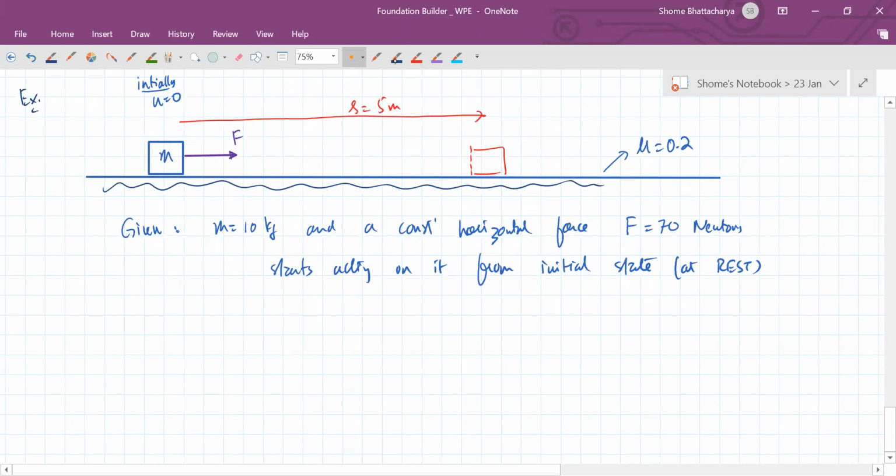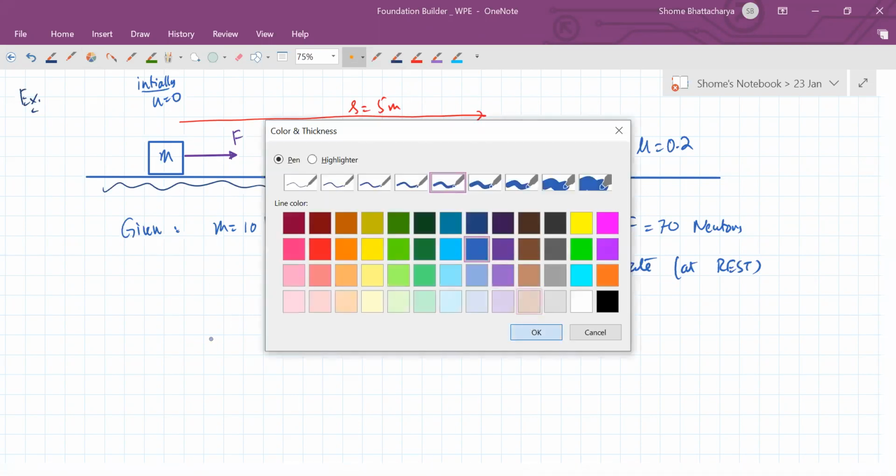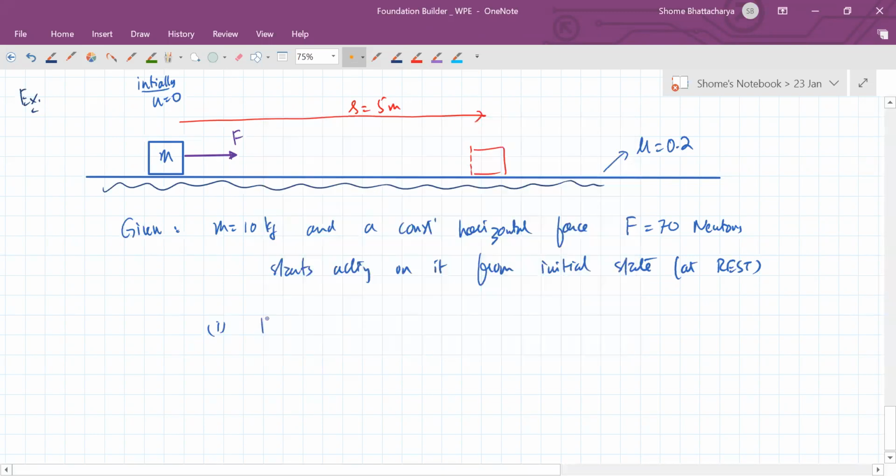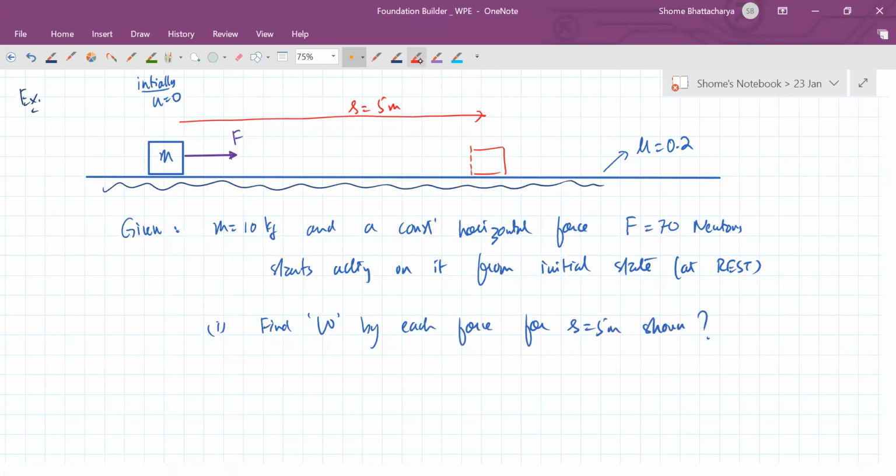of 5 meters. So first of all, we have to calculate the work done by each of the forces for the displacement of 5 meters shown. Okay.